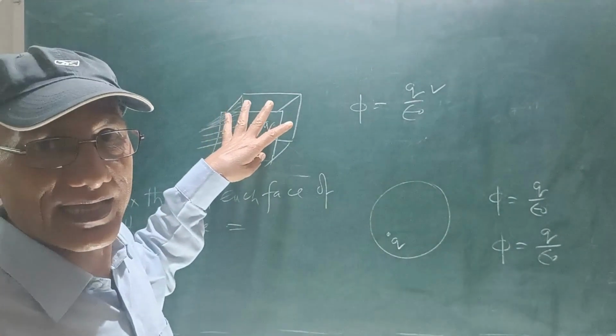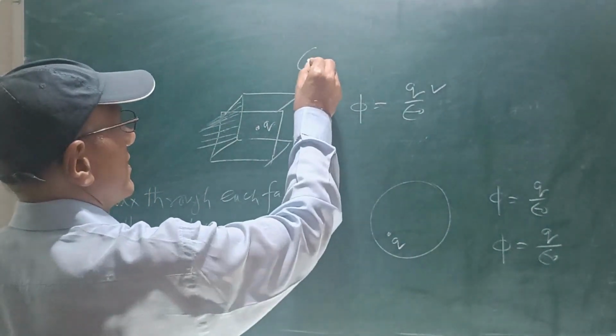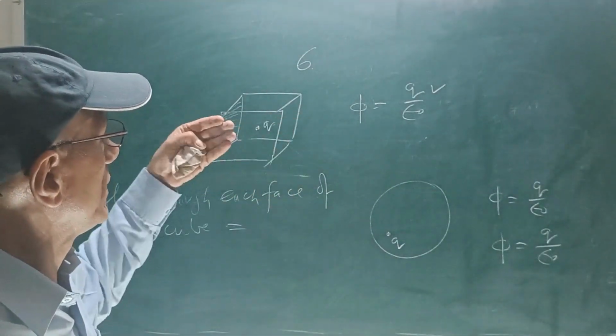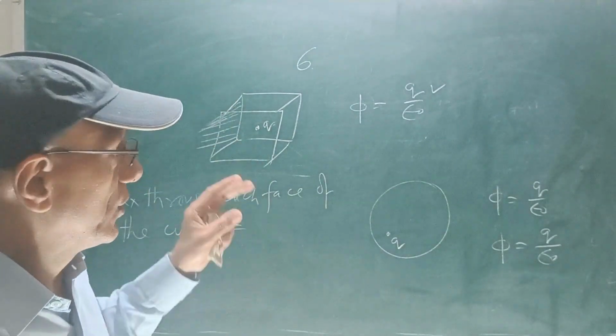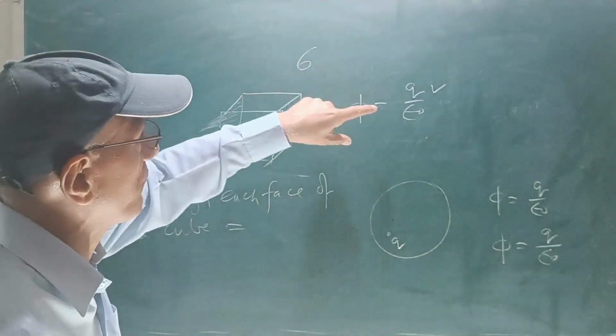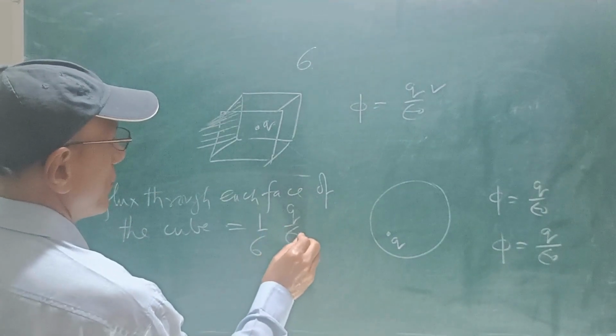How many faces are there? 5? No, 6. There are 6 faces. 1, 2, front and back 4, top and bottom 6. So total flux through the 6 faces is this. Then through one face will be 1 by 6 Q by epsilon naught.